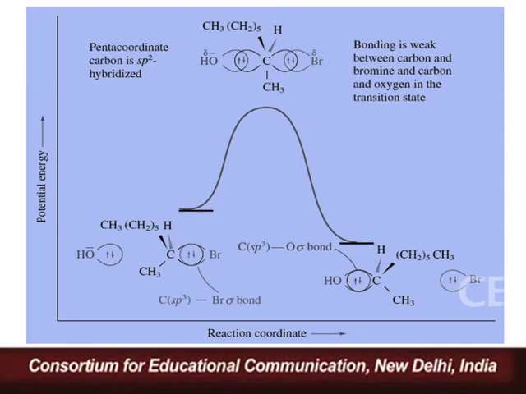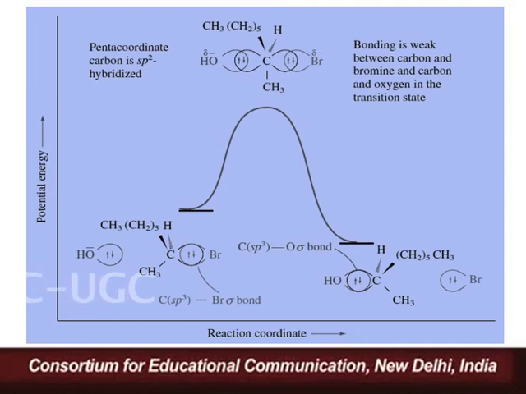Since bond formation as well as bond cleavage is taking place in the transition state, both the bonds, that is the bond between the hydroxyl group and the carbon and the bond to bromine, are partially formed and are weak in nature.